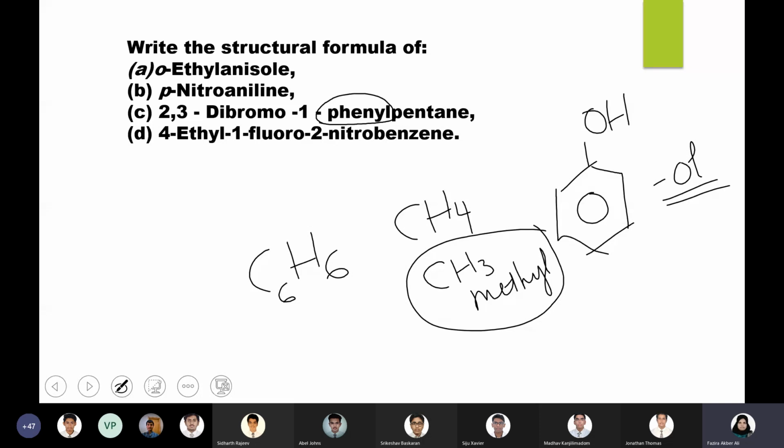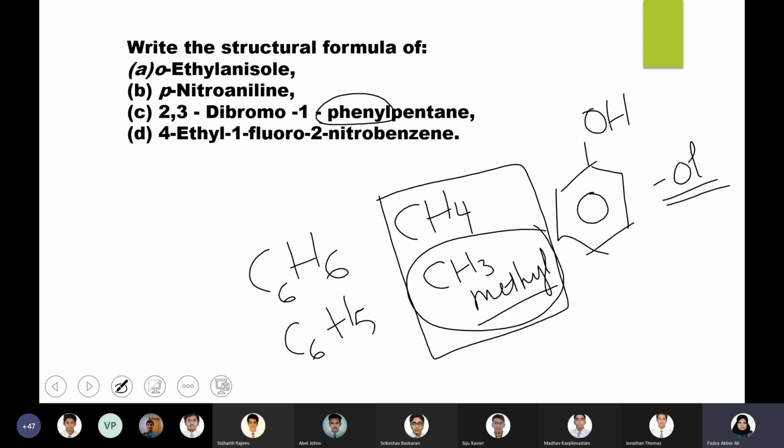That means it is not the main parent chain, and you don't have to count the number of carbon atoms in the benzene. In such cases, we write it as C6H5, one hydrogen less. Exactly like methane, CH4, becomes CH3 as a branch, one hydrogen reduced, and we call it methyl.